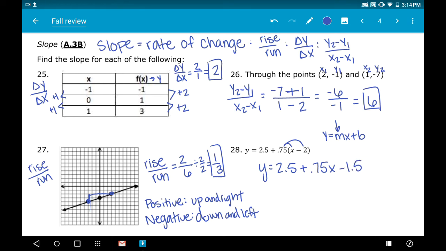Now we can just combine our like terms. So 2.5 minus 1.5 would give us y equals 0.75x plus 1. Now this is in the same form as y equals mx plus b, which means m equals 0.75. And that's how you find slope for many different situations.